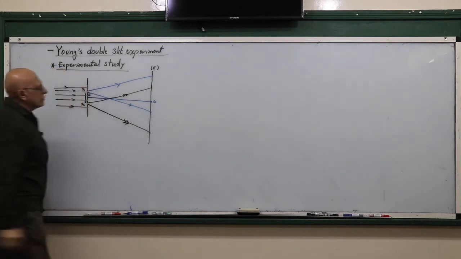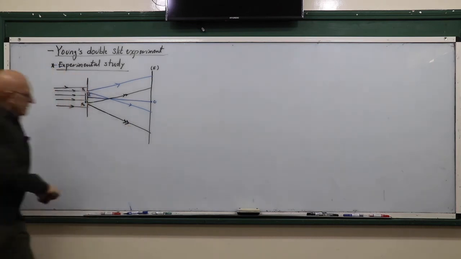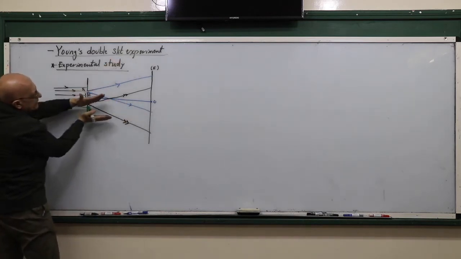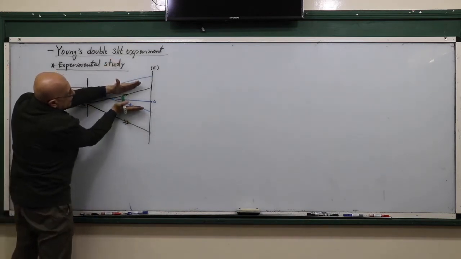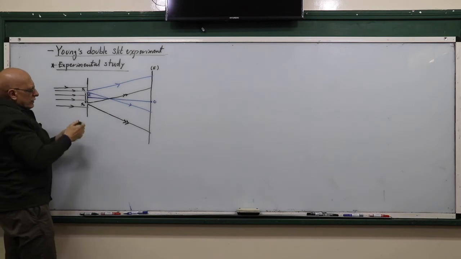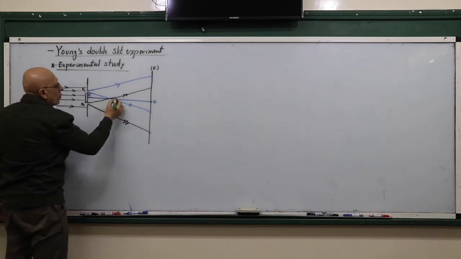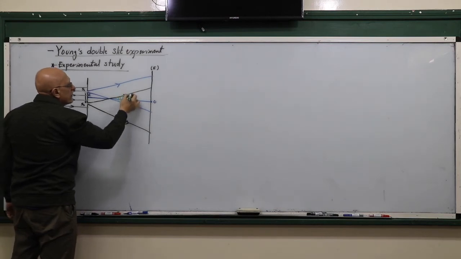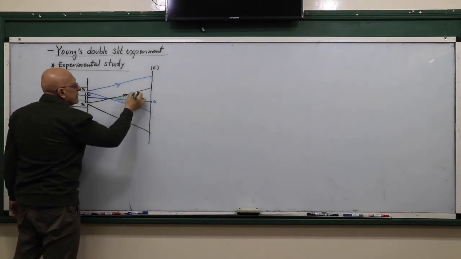So, as you see, these two diffracted beams superpose in this region, okay? This zone is called the zone of interference, okay?